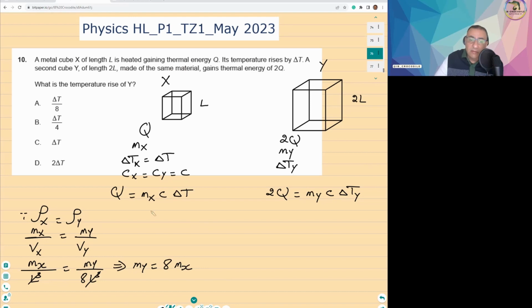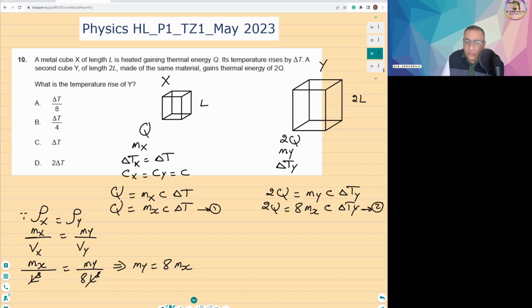Now we can back substitute and get the relationship between the temperature rises. So 2Q equals my, which is 8 mx, times c times delta T Y. And we have Q equals mx c delta T. Let's say this is equation 1 and this is equation 2.